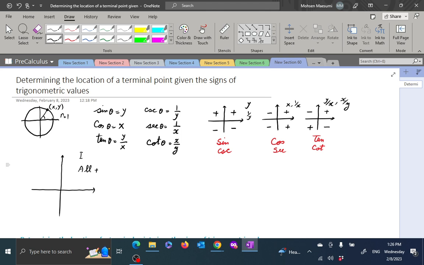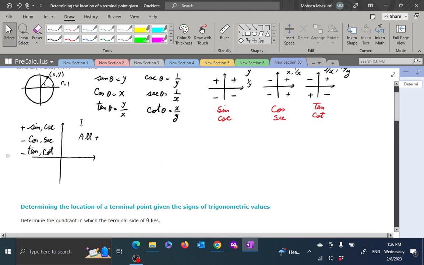So here we are going to have sine and of course cosecant. They always go together. They are positive, but everybody else is negative. Cosine and secant and tangent and cotangent, they are all negative.